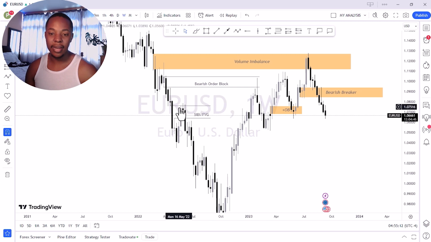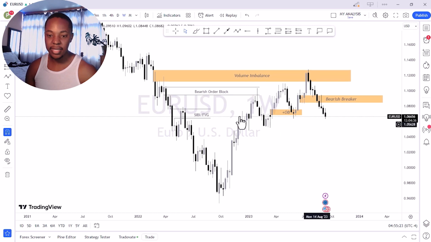It went back up to rebalance that fair value gap, and to the pip, it didn't close above it, it closed below and then rejected off, going for lower prices. We hit that low over there, rejected off of that, started being bullish, then went back up to retest that bearish order block that we created there.